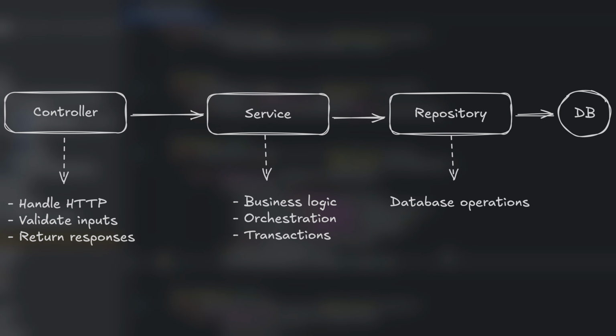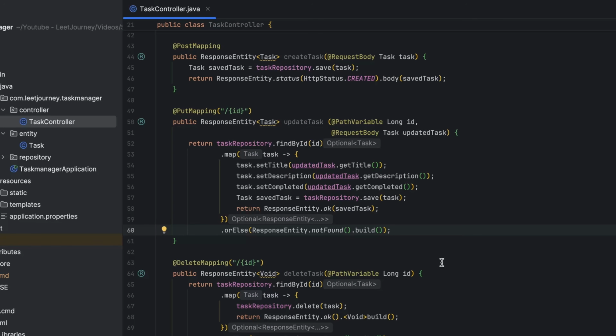The service layer is going to handle the business logic, orchestration, and transactions, while the repository is going to handle database operations as it already does. This will make our code easier to test, easier to maintain, and reusable. So let's start and refactor our controller class, and let's add the service layer.